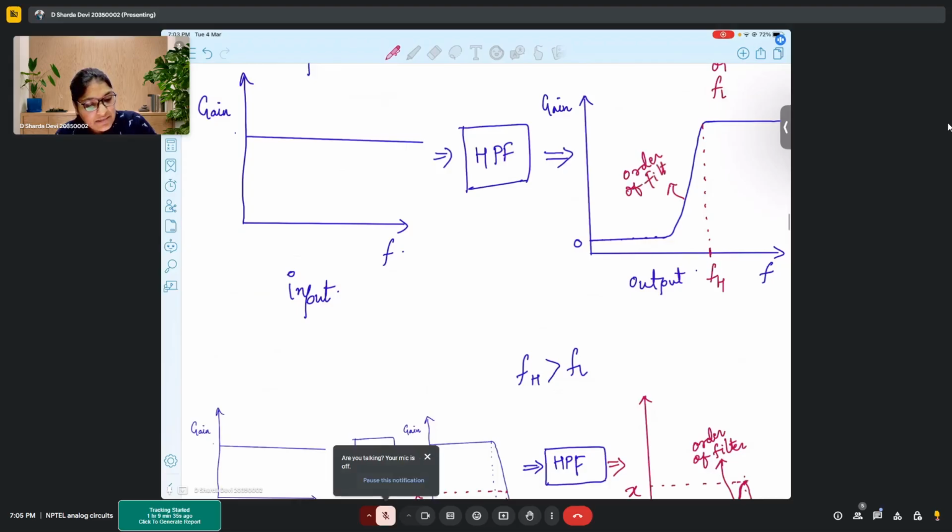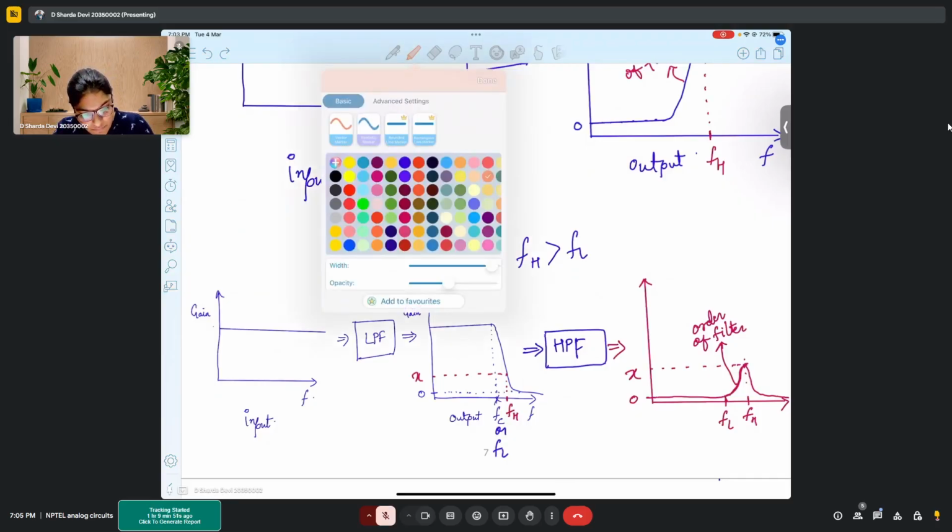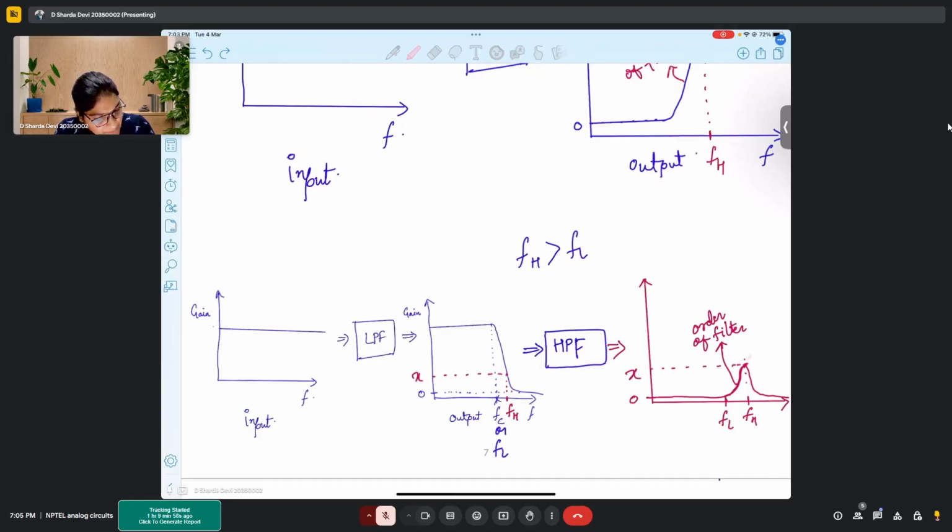The higher the order, the steeper the slope you would get. And this particular portion is same as that of the curve that you gave in input.